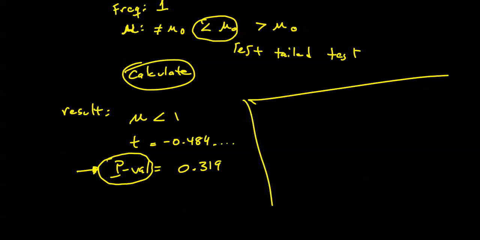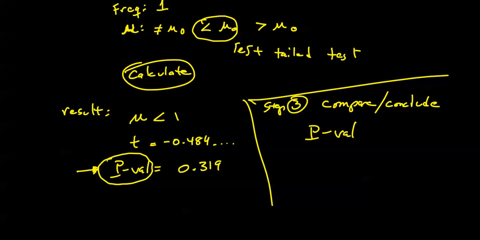Now step 3, we'll need to compare and conclude the results from our hypothesis test. Again, I call it a mini table here. You compare your p-value to your significance level.